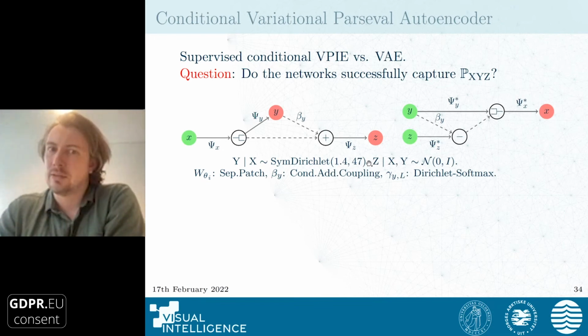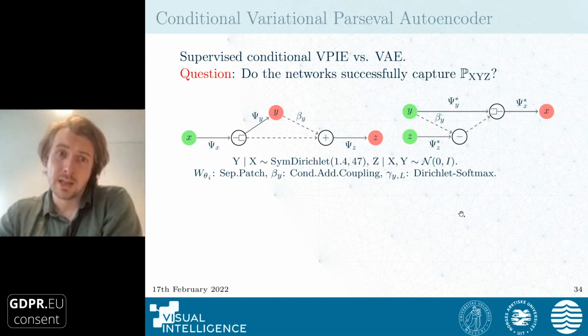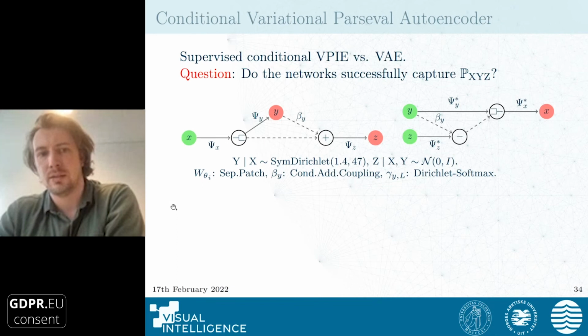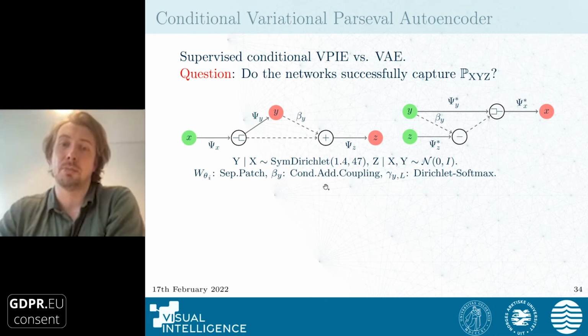We wanted this latent representation to be standard multivariate normal, and we used what's called a separable patch method, in addition to an additive coupling, with the final activation being Dirichlet softmax.